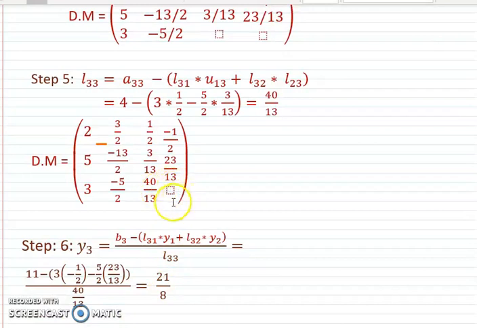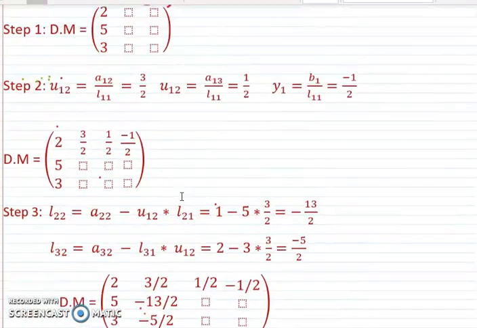Finally, we have only one element remaining. This is Y3. Here we find that there are two elements on the row and two elements on the column, and there will be an extra element on the row. So first we form the products 3 into minus 1 by 2, add with the second element of the row minus 5 by 2 and second column element 23 by 13, add the two numbers, subtract from the corresponding element of A, B and divide by the extra element 40 by 13.